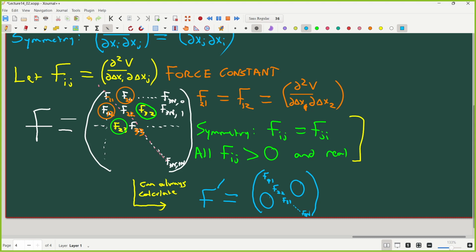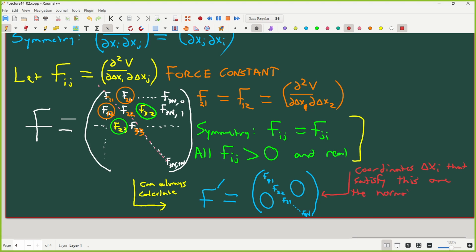All right, so the coordinates delta x sub i that satisfy this are the normal modes, Q sub i.